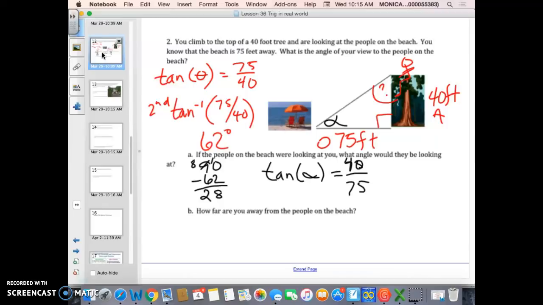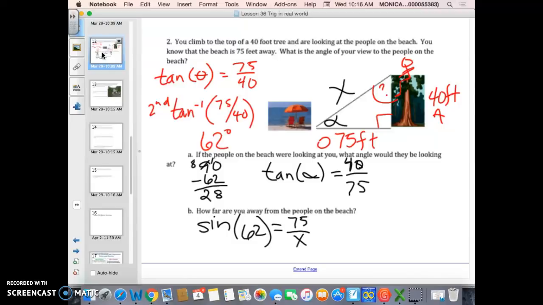And then it says, how far away are you from the people on the beach? So in this situation, you want to know x right here. You could see it as the hypotenuse. So you could do the sine of 62 equals 75 over x.